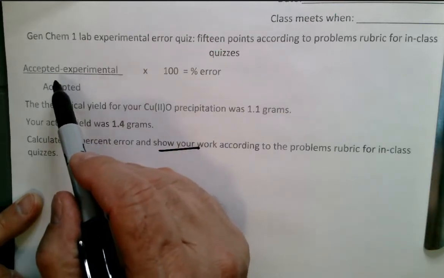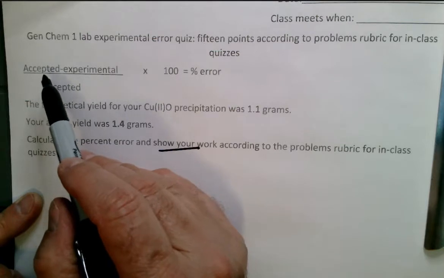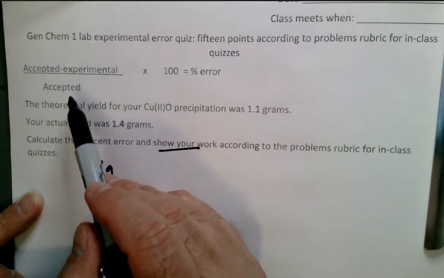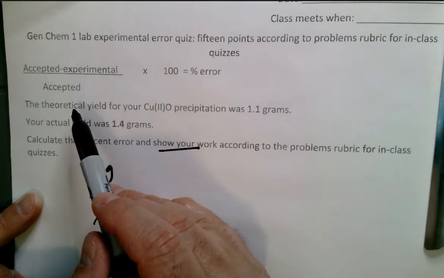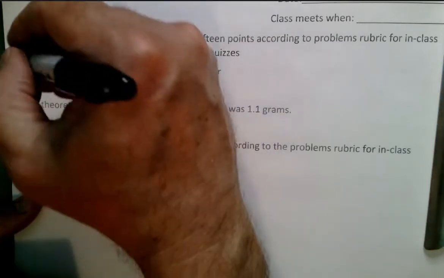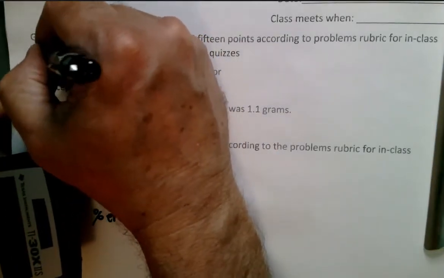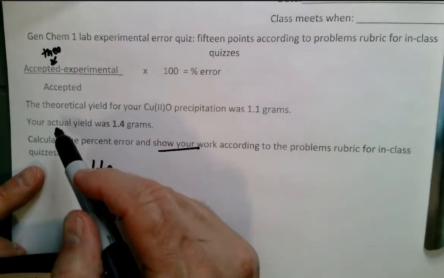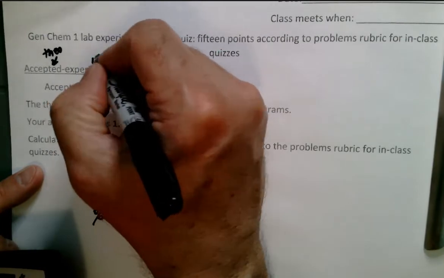We know that the formula is the accepted value minus the experimental, divided by the accepted. We could also say that the theoretical is accepted, and we could say that the experimental is the actual.